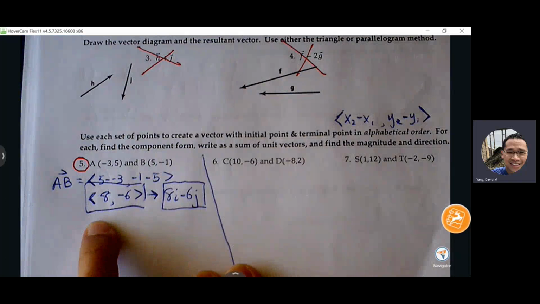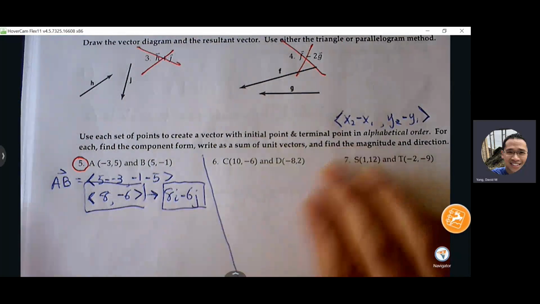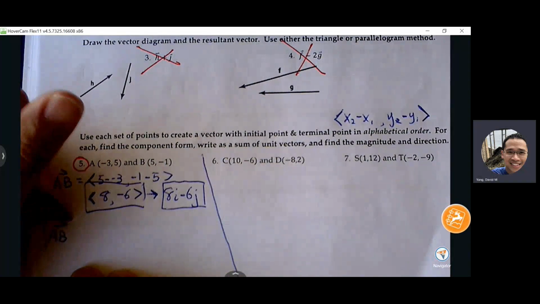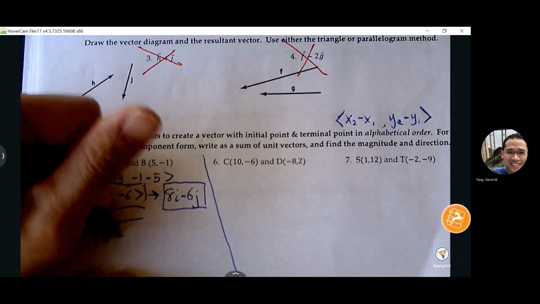So component form, sum of unit vectors, magnitude. Use the vertical bars to indicate that. Pythagorean theorem.